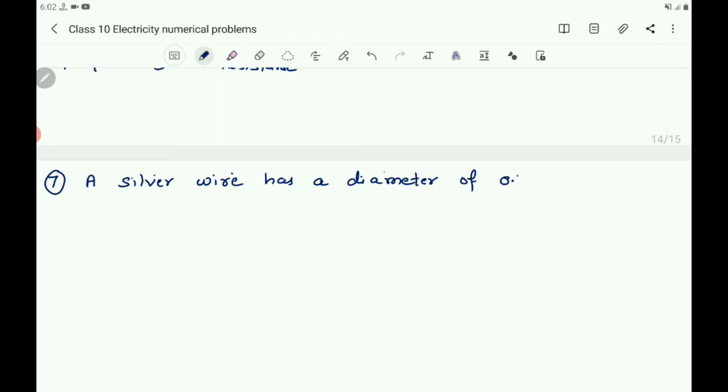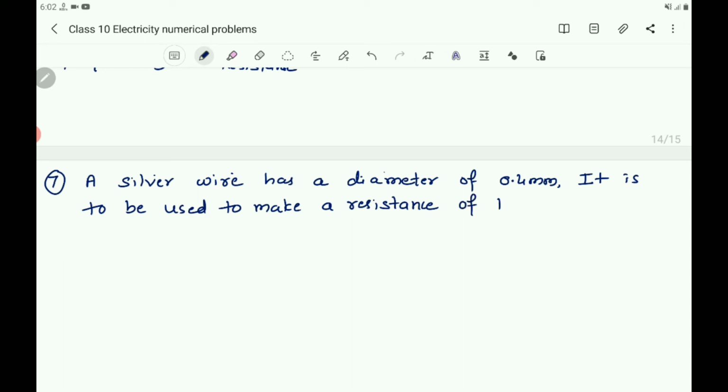It is to be used to make a resistance of 1 ohm.